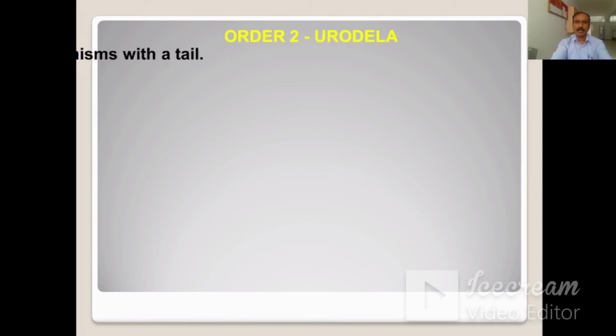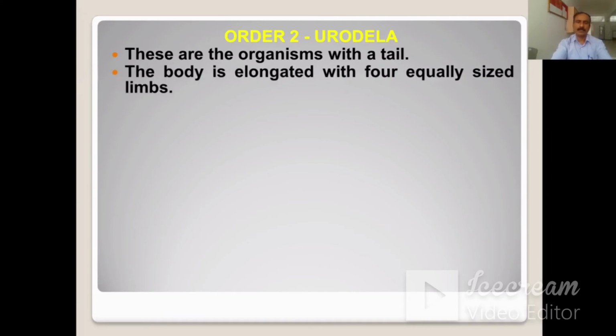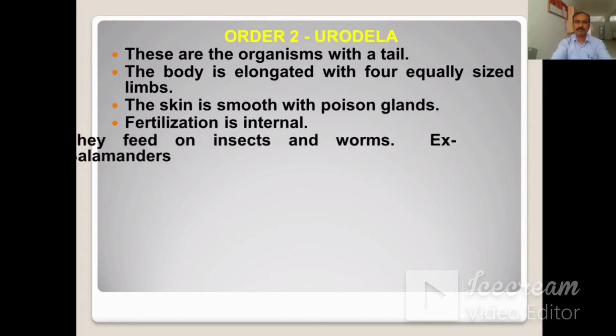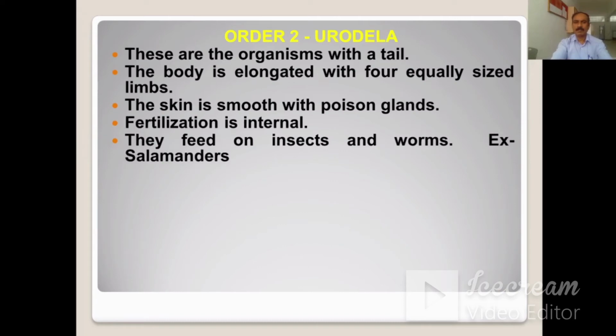Let us discuss the second order, that is Urodela. These are the organisms with tail. The body is elongated with four equally sized limbs. In these animals, the skin is smooth with poison glands. Fertilization is internal. They feed on insects and worms, for example, salamanders.